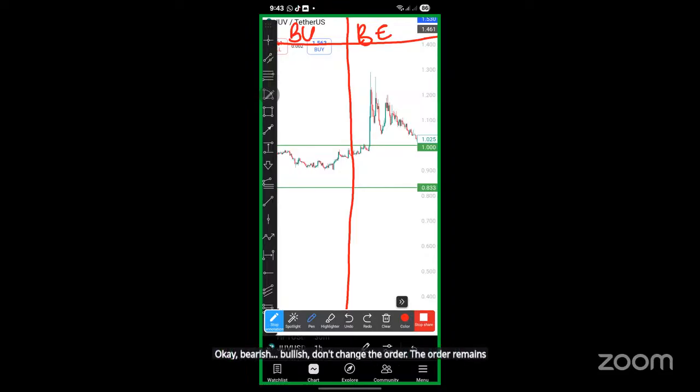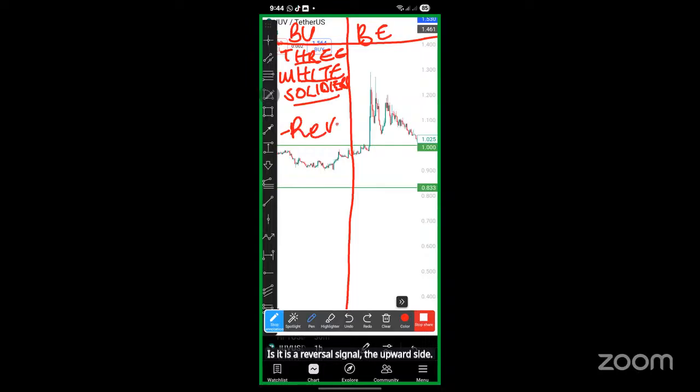And this time under the bullish, we are going to look at the 3 white soldiers. The 3 white soldiers is a reversal signal to the upward side. It is always formed at the demand zone.